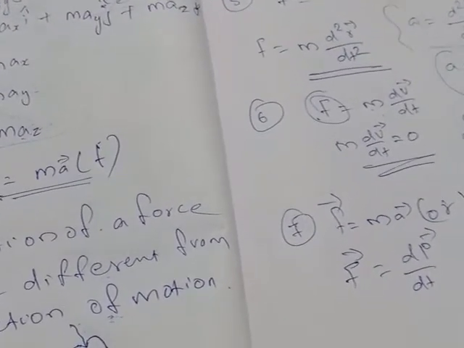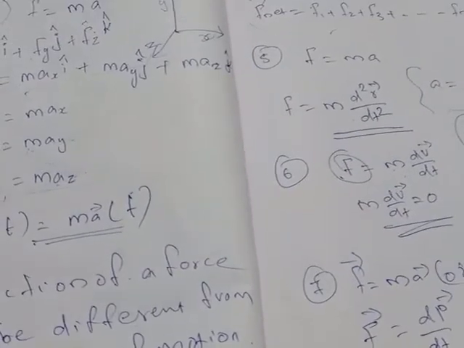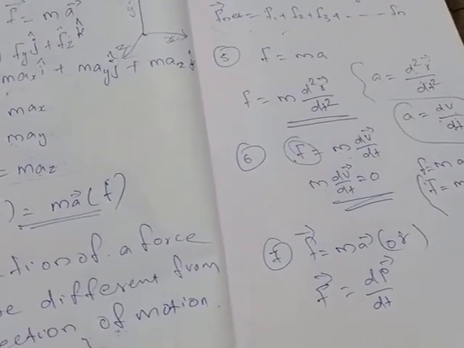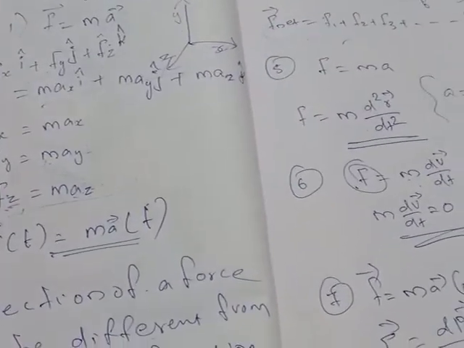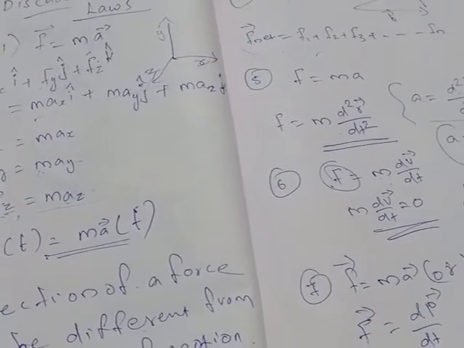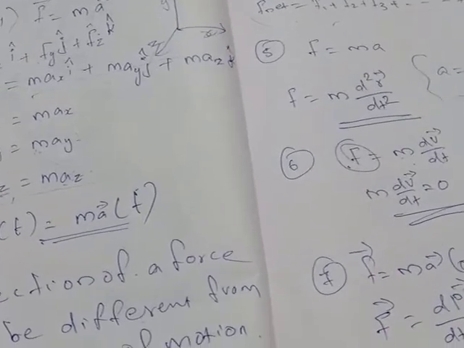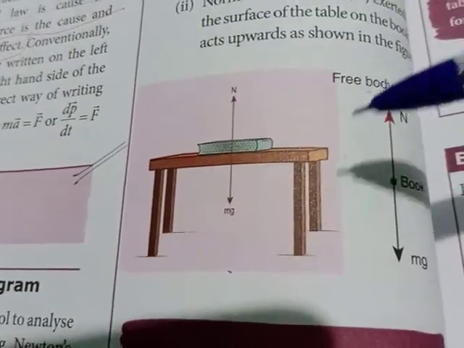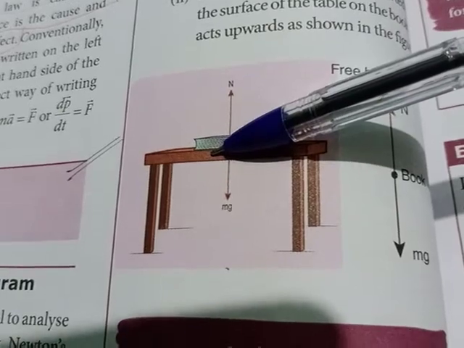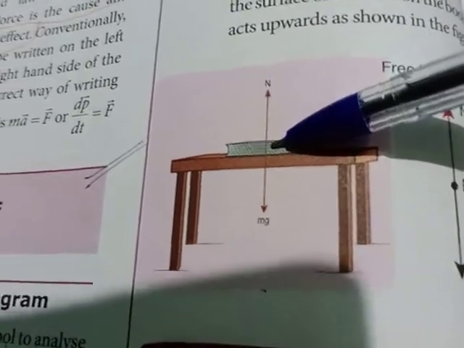Based on this, the next topic is the free body diagram. So you have to learn how to draw this free body diagram. Free body diagram means nothing but this: assume that on a table one book is there, at rest.